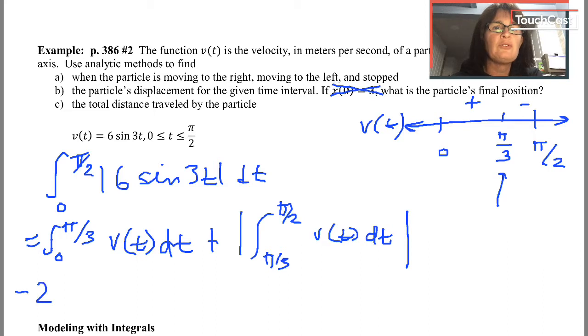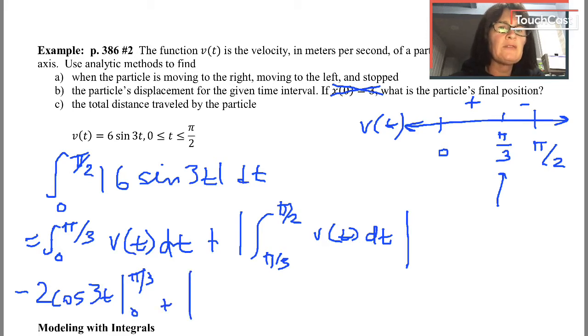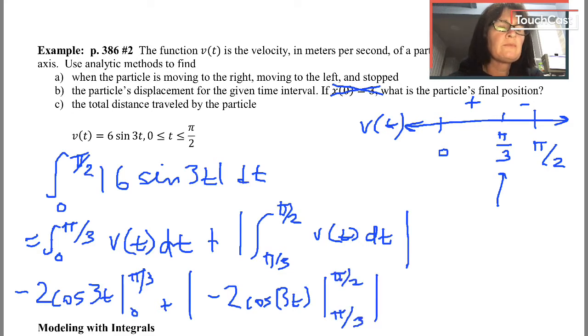That's negative 2 cosine of 3t, evaluated from 0 to pi over 3, plus the absolute value of negative 2 cosine 3t, evaluated from pi over 3 to pi over 2.